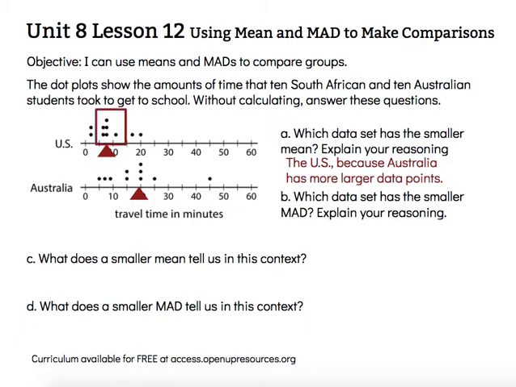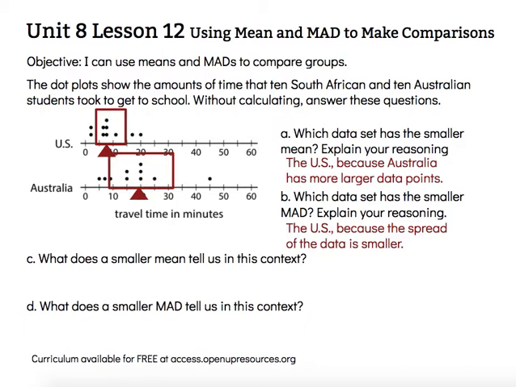I'm just going to draw a box around what I expect the mean absolute deviation to be for each of these data sets, where it encompasses most of the data right around that mean or center. So you can see that in the United States, the MAD is less than in Australia, meaning that the data is closer together.